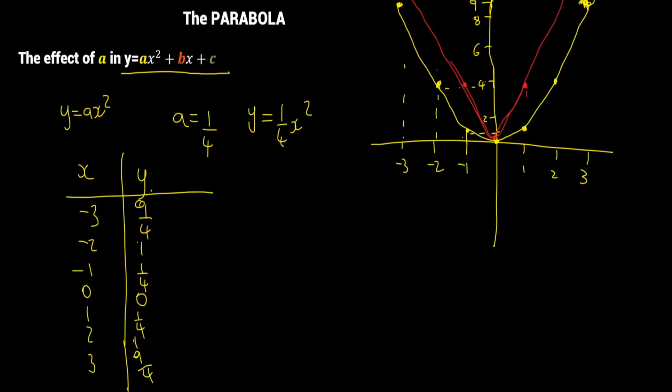So we're going to draw this. Okay, we can change this to see what's going to happen. 9 over 4 is 2.25. So we can take another color to see what this is going to look like.